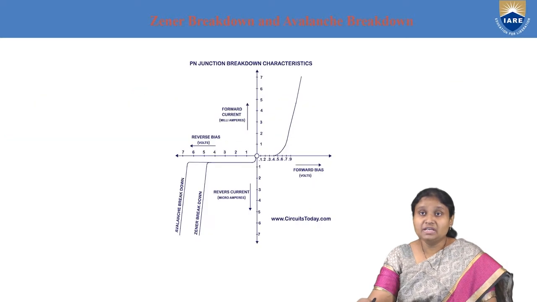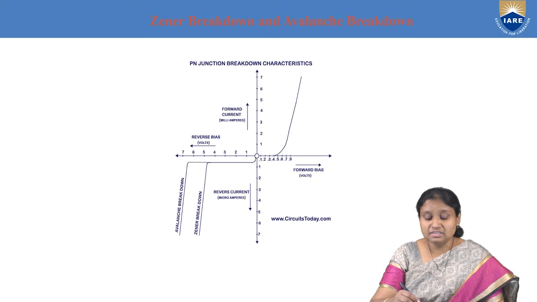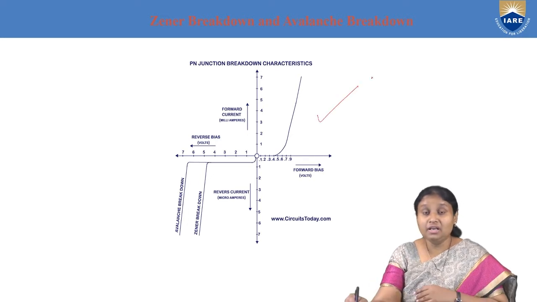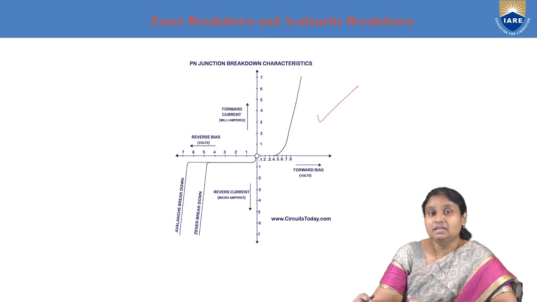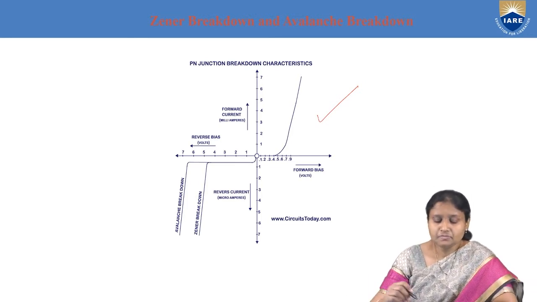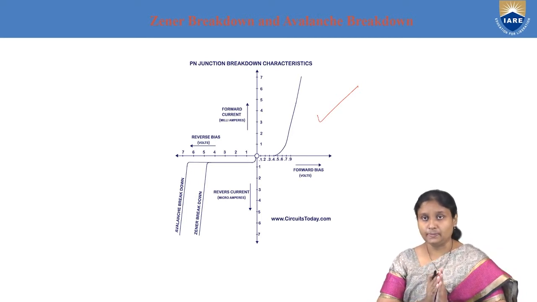Now when we compare a normal diode and a Zener diode, I think this graph is going to eliminate all our doubts related to the Zener diode. We now compare the Zener diode with an ordinary diode.